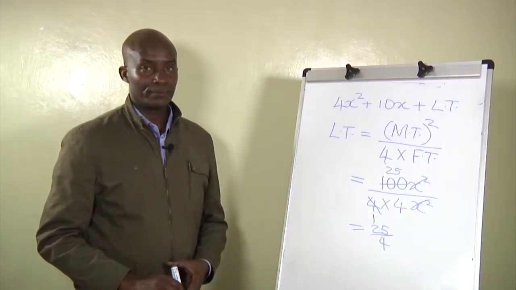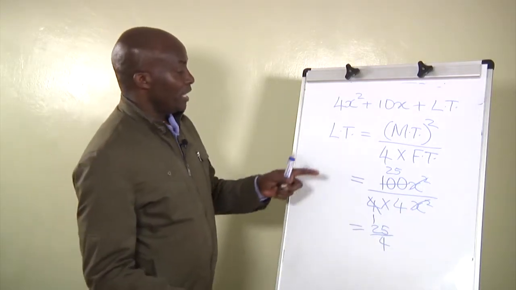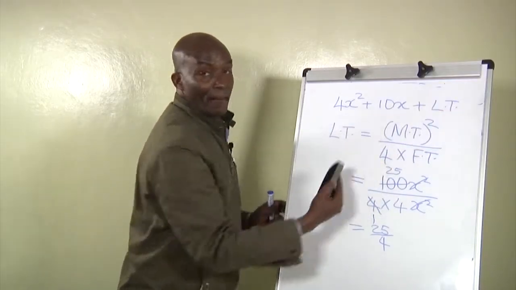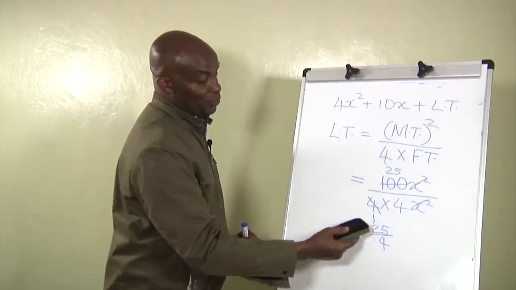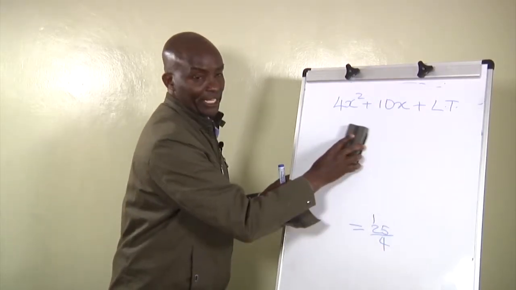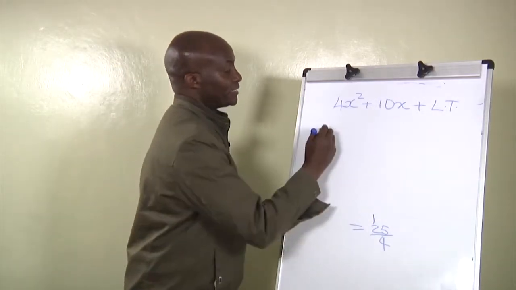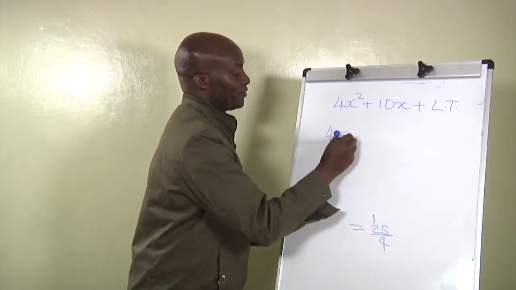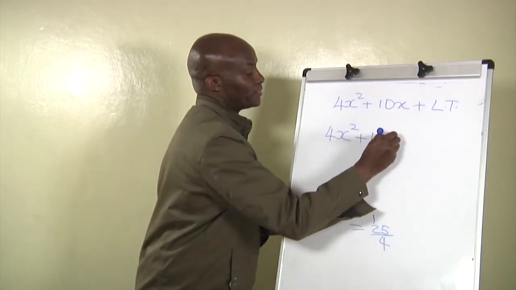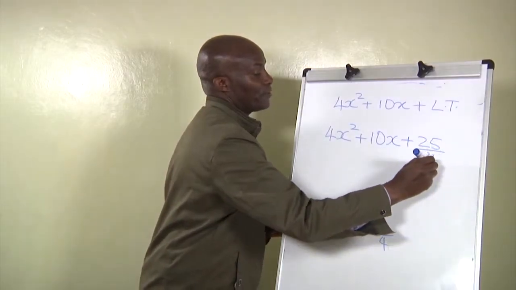So we may now write the last term since we have found what it is. I'm going to rewrite the expression including the last term which we have calculated. It will be 4x squared plus 10x plus 25 over 4.